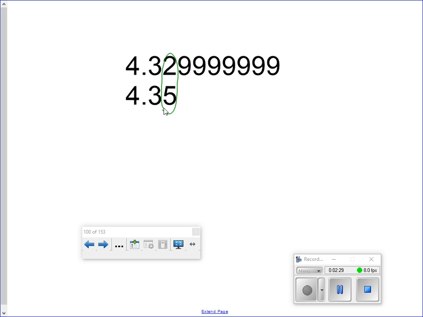So actually 4 and 35 hundredths is the greater number because we could fill all of these place values with zeros, and then I think it would be obvious that the bottom number is the largest number. You need to be careful when comparing decimals not to just look at how many digits there are, but actually compare each place value.